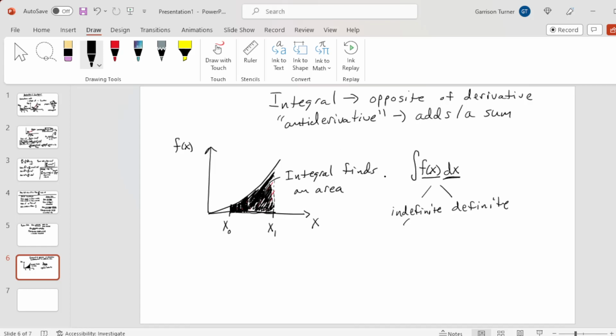You're just finding the antiderivative of a function. You're just finding whatever function, when you take its derivative, represents the function you are taking the integral of. I know that's a heck of a sentence, but this is just the antiderivative.